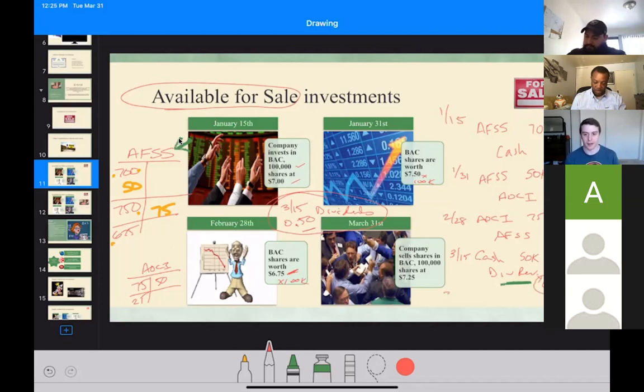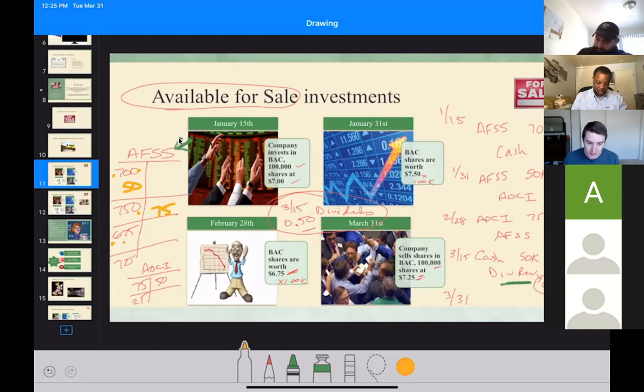So the last thing is on March 31st, when we sell them at 725. I like to do this in two steps. One, let's get our AFS to its current market value, which is 725 times 100,000, 725,000.